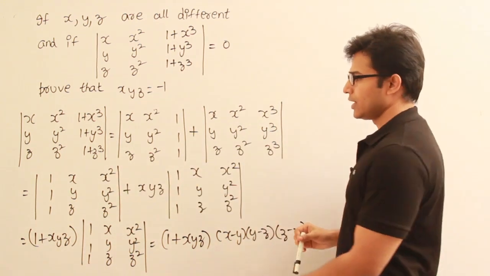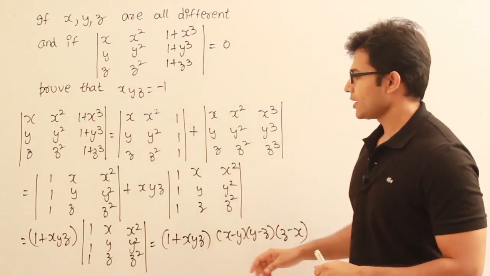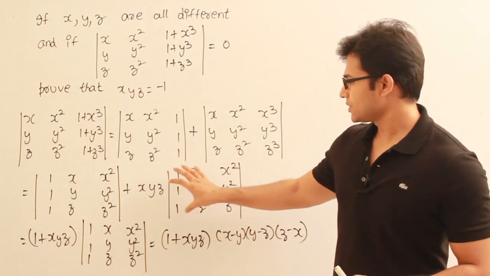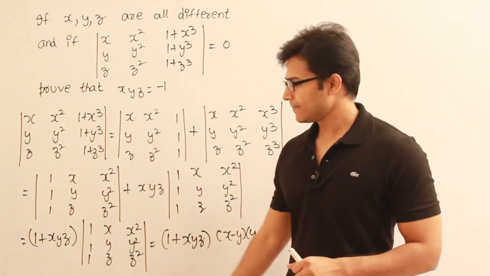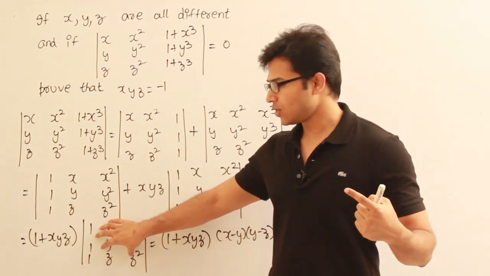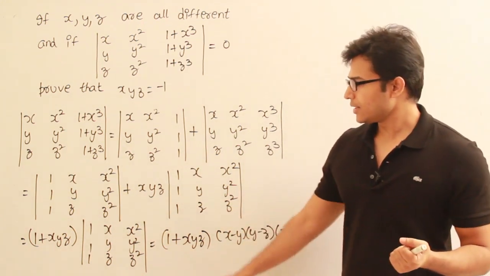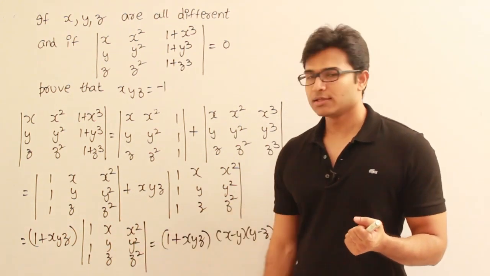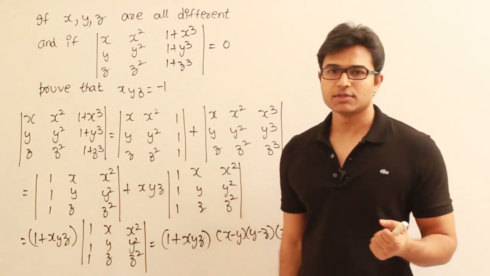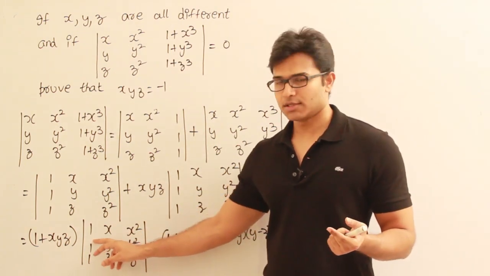Now if you observe it, these two have the same form, right? So I can pull out 1 plus xyz, which means I am just taking this determinant out as common. In previous examples I have already solved this. To solve it, you can take c3 equal to c3 minus c2, c2 equal to c2 minus c1, or you can try to make these two entries zeros.